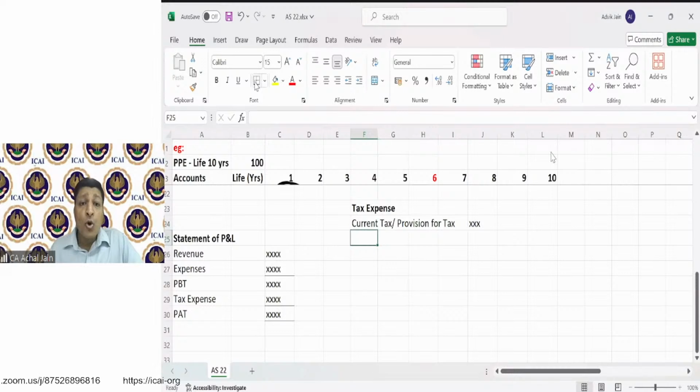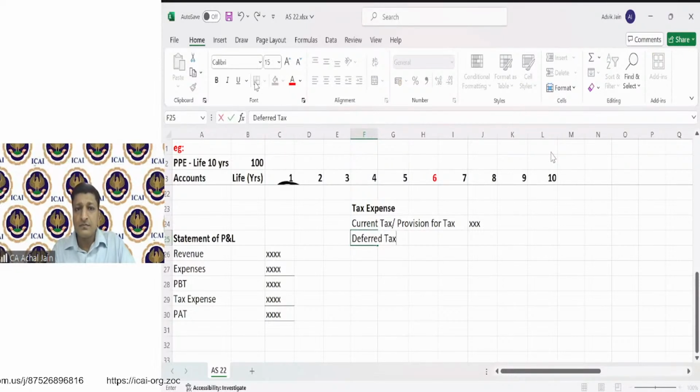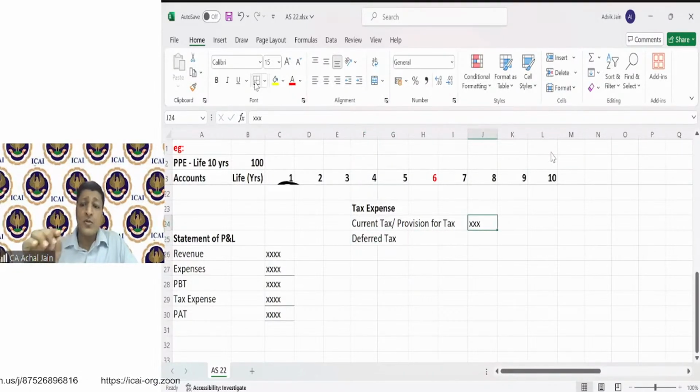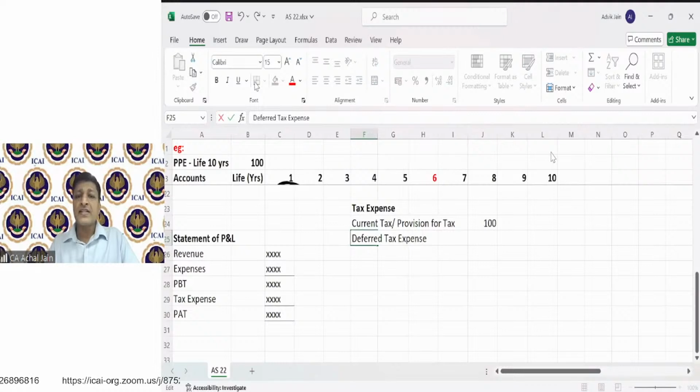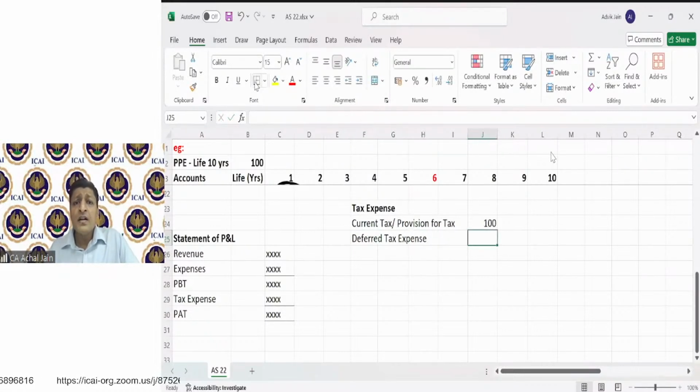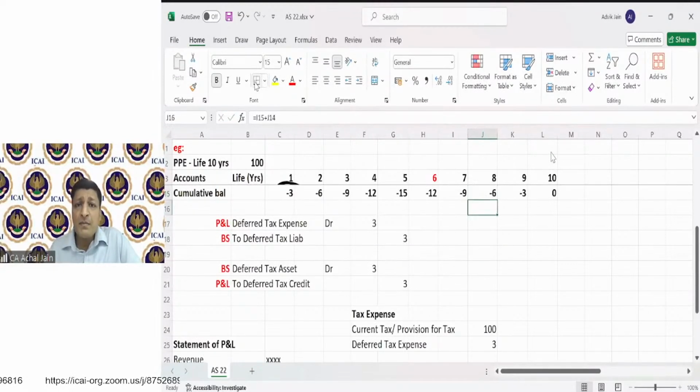On top of it, what you also need to add to tax expense is the deferred tax. So let's suppose the tax liability for the current year is 100. Let me put down some number over here. Say current tax or provision for tax is 100. And let's suppose this deferred tax results in a liability. So what will you have? You will have deferred tax expense of 3, something which we have computed in our example also.